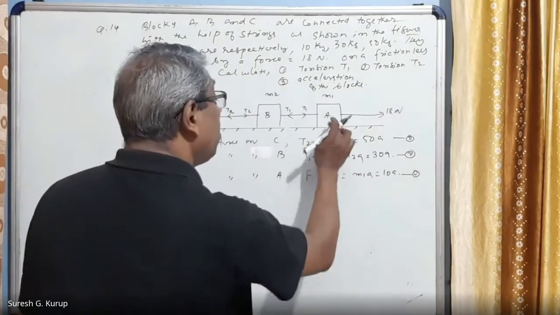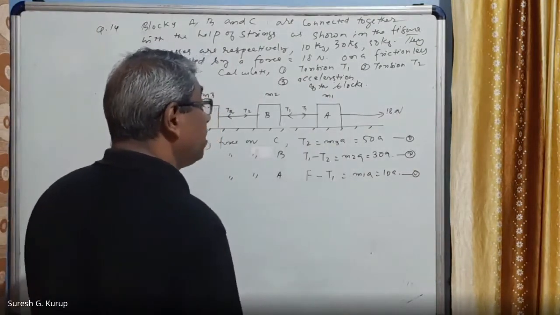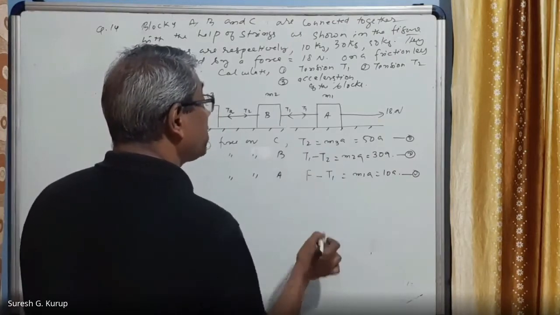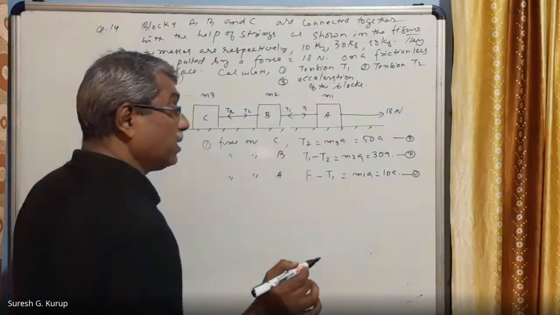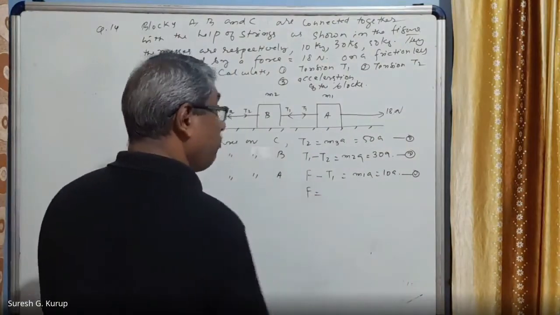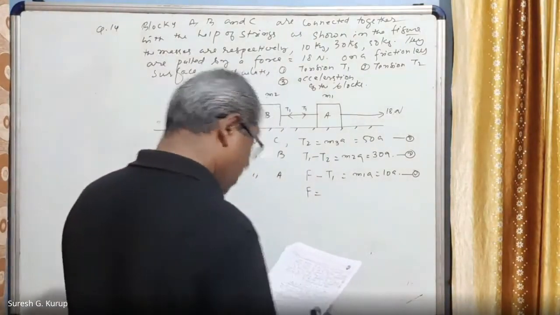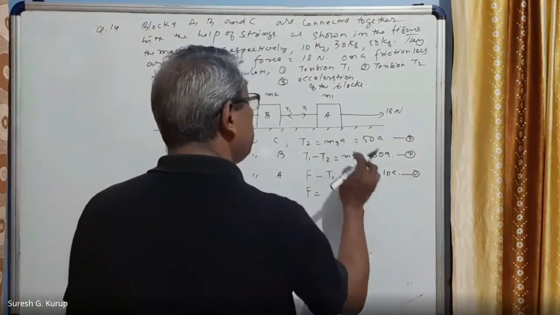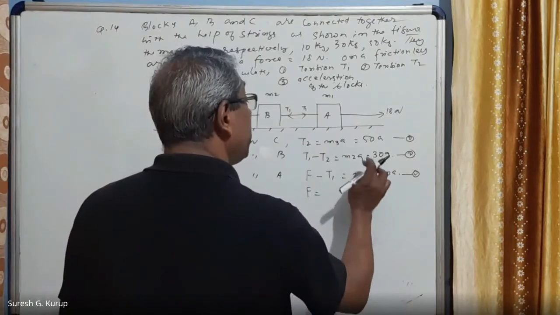all the 3 equations are added. When these 3 equations are added, T2 and T2 cancel, T1 and T1 also cancel. Then you will get F is equal to M1A plus M2A plus M3A.